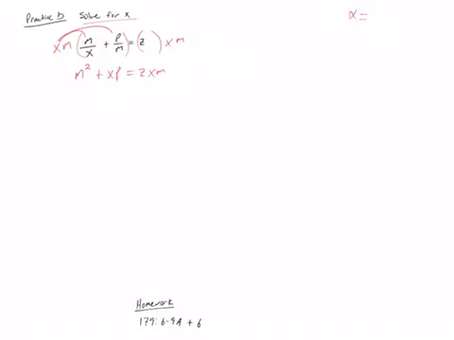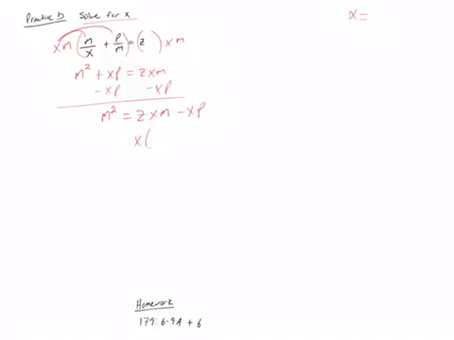Now I'm going to collect everything with x's to one side, everything without x's to the other. So I'm going to subtract xp. So I'm going to end up with m squared is equal to zxm minus xp. Now I'm going to factor out the x, the one I'm solving for.